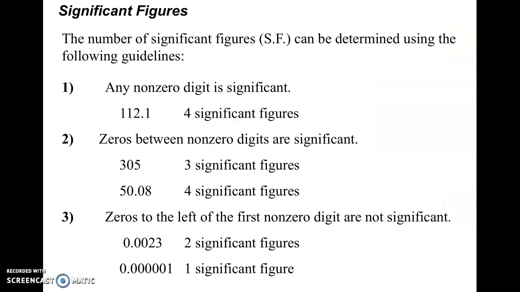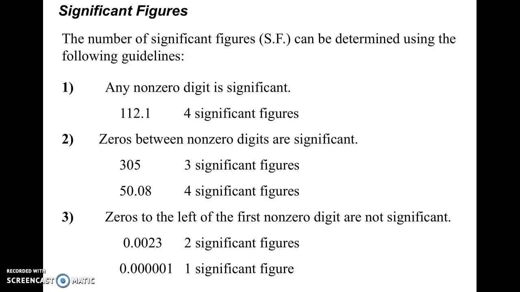Now, once we have good measurements and significant measurements, we need to look at how we can handle those in mathematical calculations. And the first thing we have to do then is to be able to identify what are significant figures. So if we look at this first example, any non-zero digit is significant. So 112.1 has 4 significant figures.